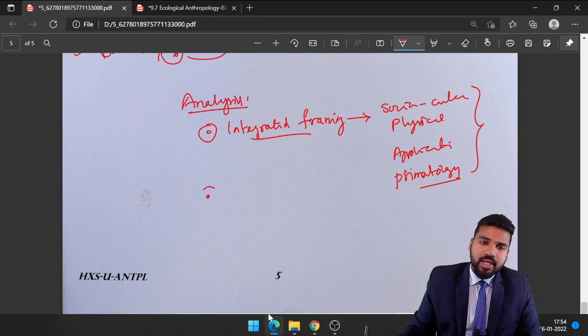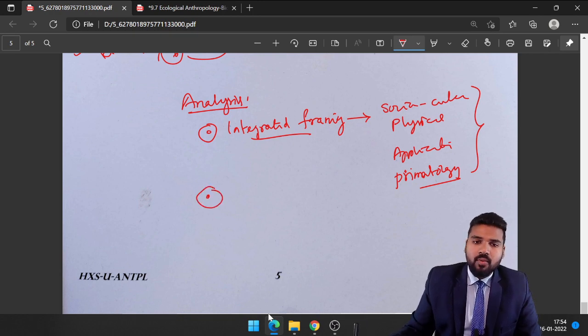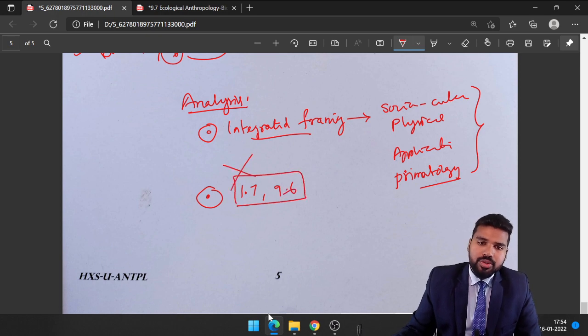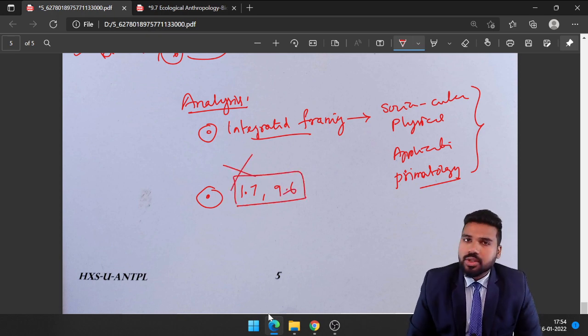Then the second thing is, from 1.7 and 9.6 no question at all has come. Those sections have not been touched. No particular question has been asked from either 1.7, that is the biological basis for life, or 9.6.